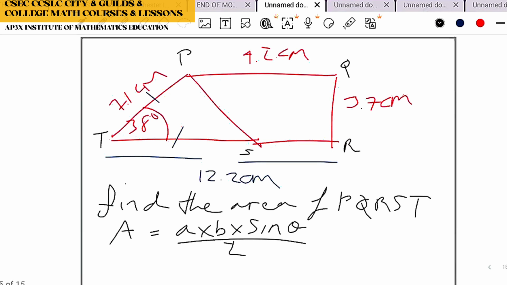Yes, sir. So what is it that you're doing for us here? Let the class know what are you finding? Okay. So the formula is right. But what exactly is this formula used to find? Is it the area of the whole shape you're trying to find?